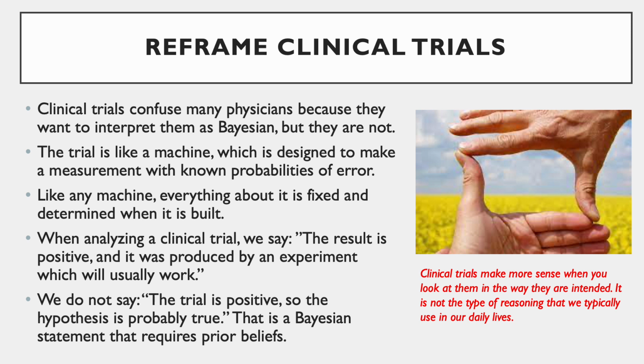We can't say the trial is positive, therefore the hypothesis is probably true, or therefore I should believe in the result, because we can't say what you should believe until we have your prior beliefs. So that's a big difference between the Bayesian reasoning that we think we're looking at and the frequentist reasoning that we have to adapt ourselves to.